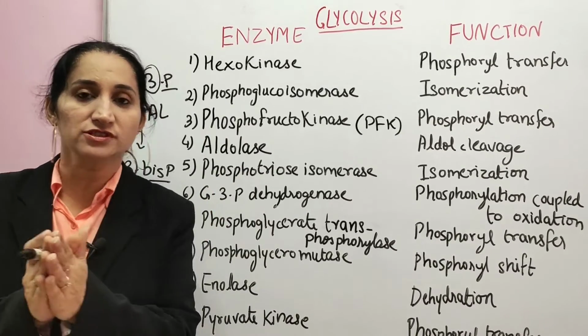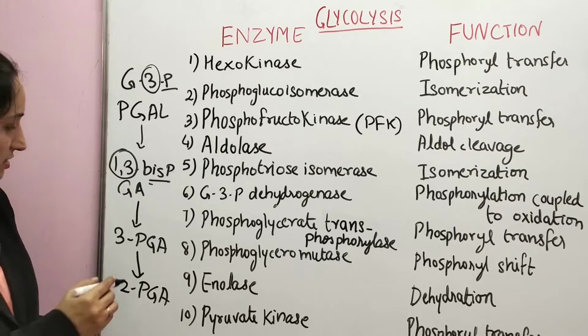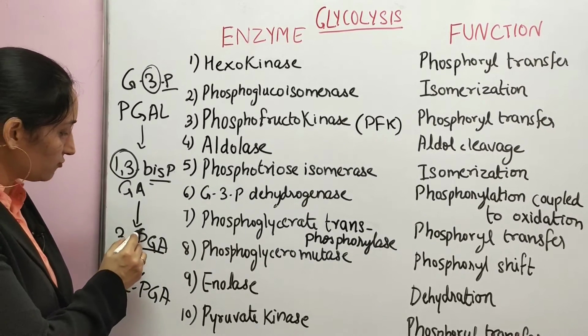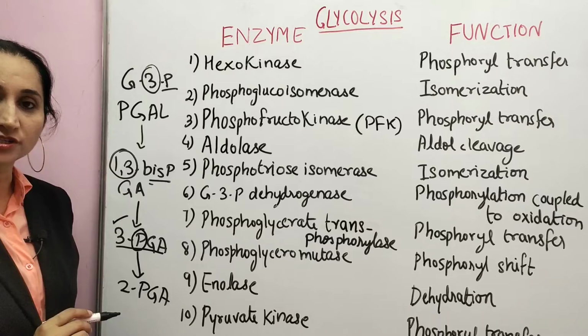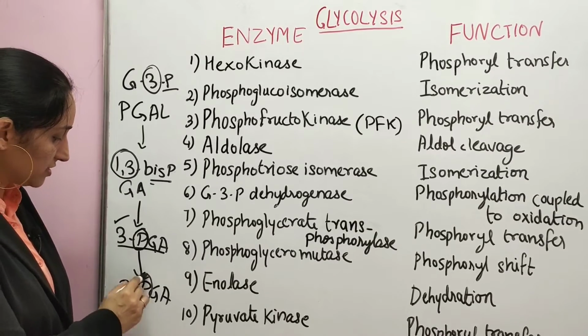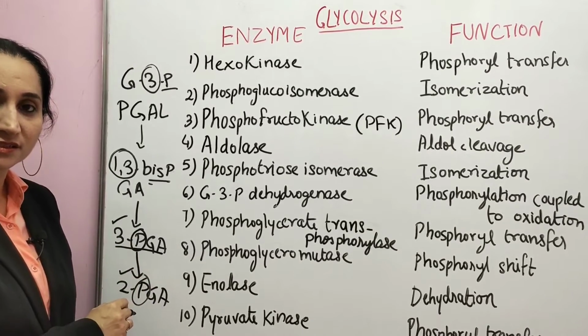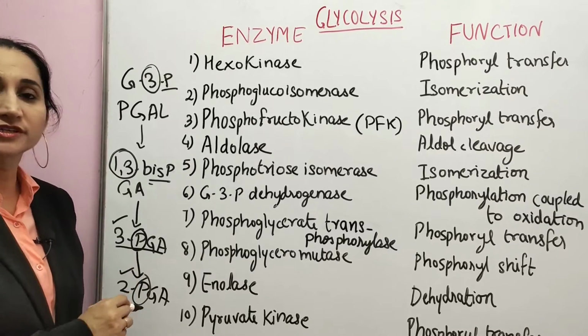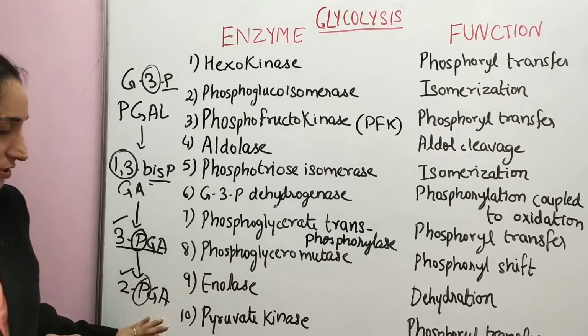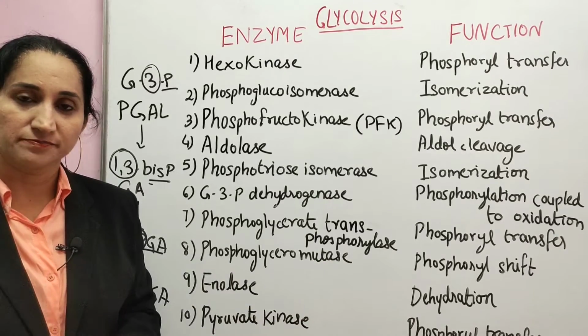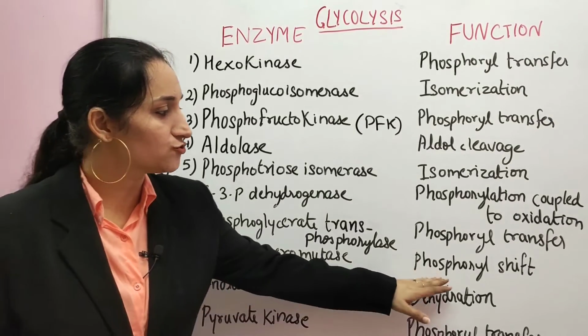It just shifts the position. Here in 3-phosphoglyceric acid, the phosphate was at the third position, and in this, the phosphate is at the second position. The molecule is the same, phosphoglyceric acid, but the position of phosphate has changed. So this was done by the enzyme mutase. In short, the function is phosphoryl shift.